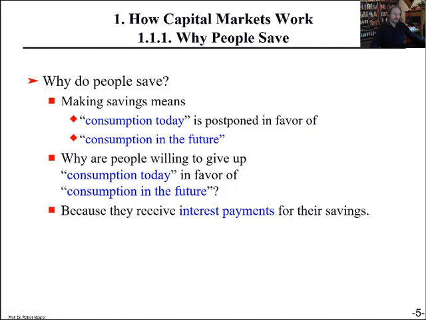Some people might also save, let's say for a rainy day or to have a retirement provision, but they will offer this money to capital market only if they receive an interest payment, because they will typically demand a compensation for the default risk. We will come back to this problem later.